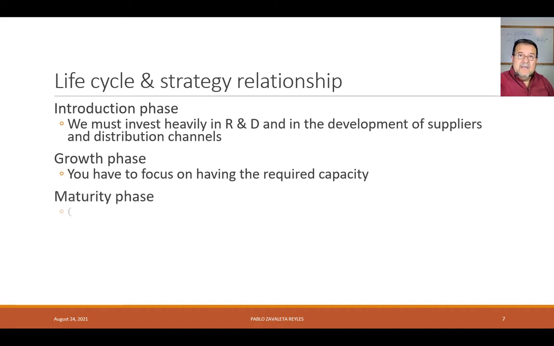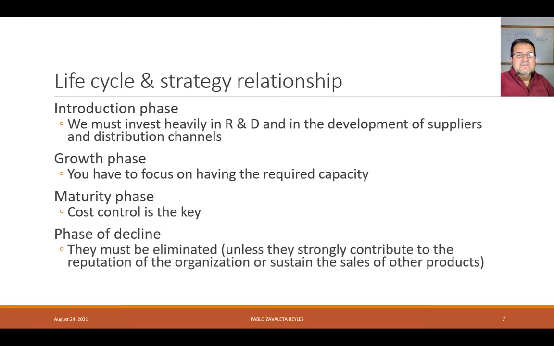In the maturity phase, the emphasis changes towards cost control, precisely because that's where we're generating our profits. And in the phase of decline, that's where we must tend to eliminate any product that is not contributing strongly.